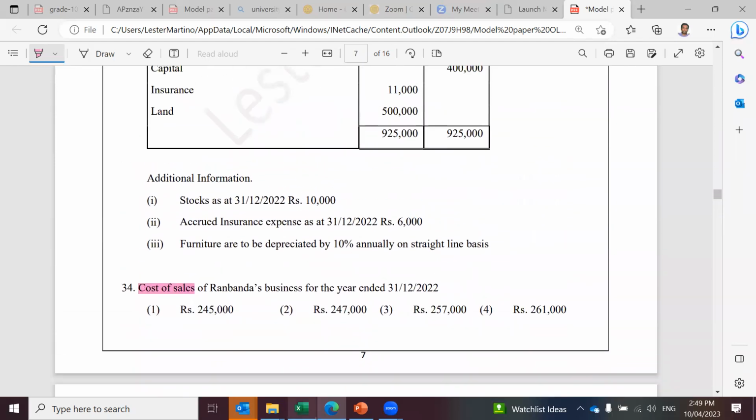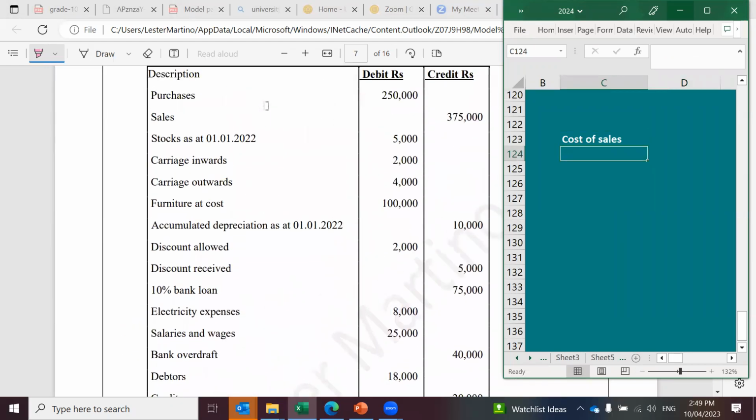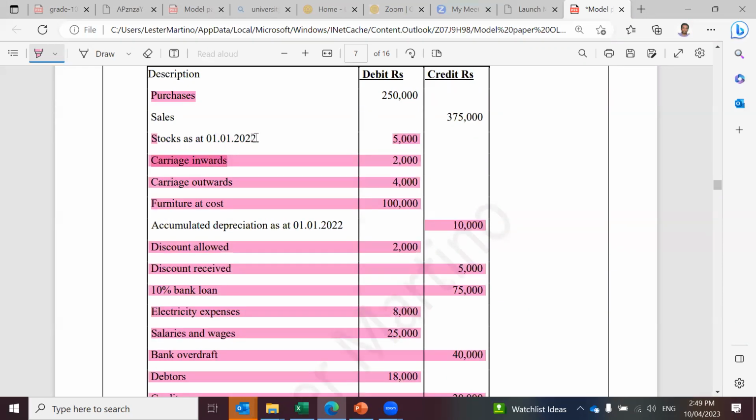Okay, how do you calculate cost of sales? Write it down, cost of sales. You calculate cost of sales when these things are informed. These are important: purchases, carriage inwards, opening stocks. Hold on a minute.